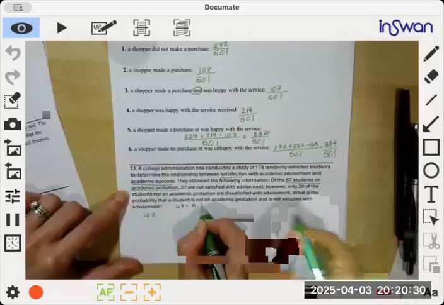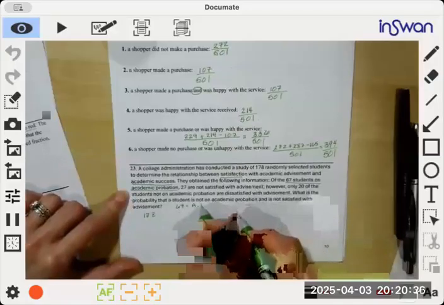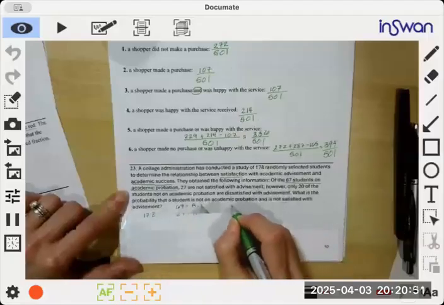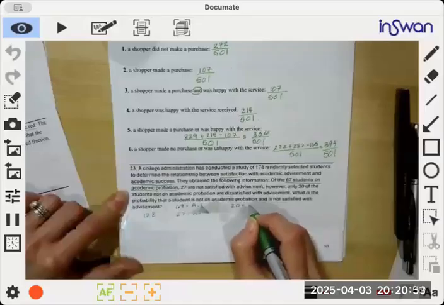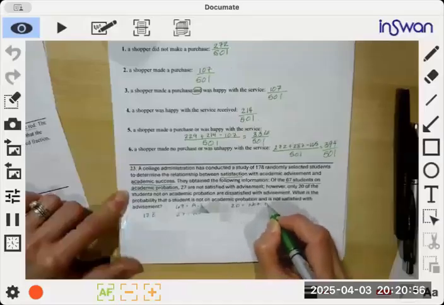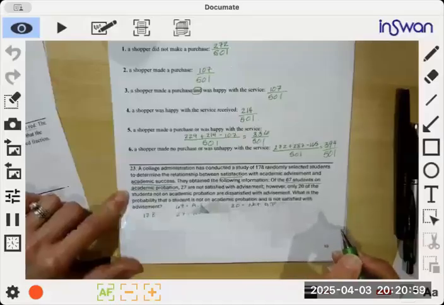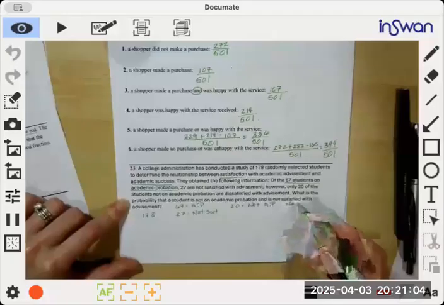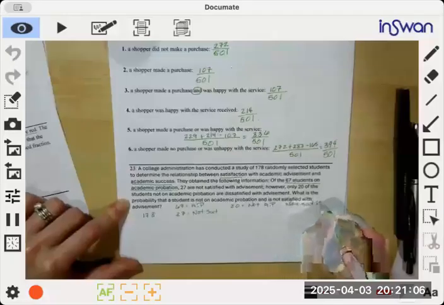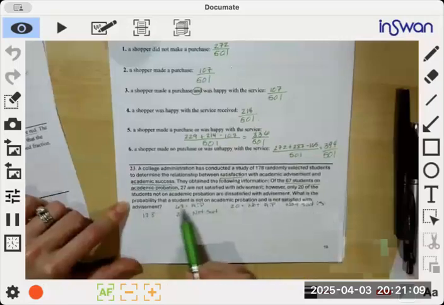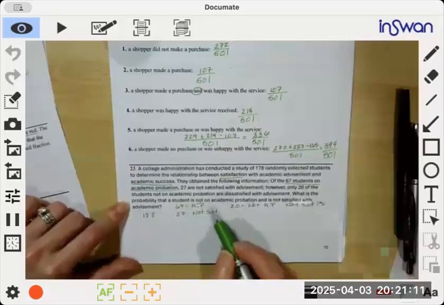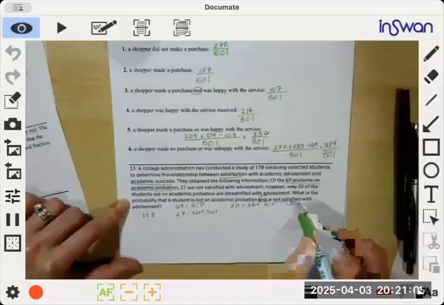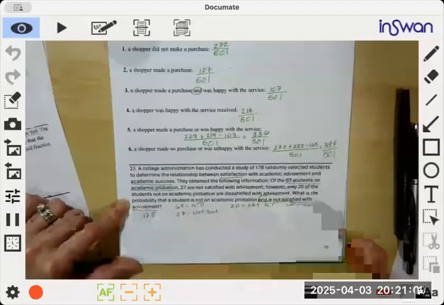However, only 20 of the students not on academic probation are dissatisfied. What is the probability that a student is not on academic probation and is not satisfied with advisement?